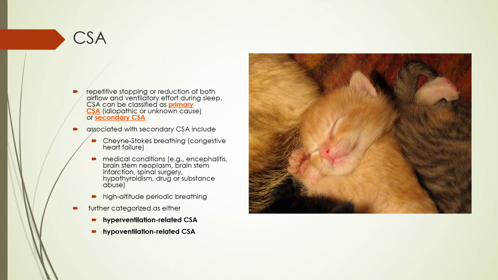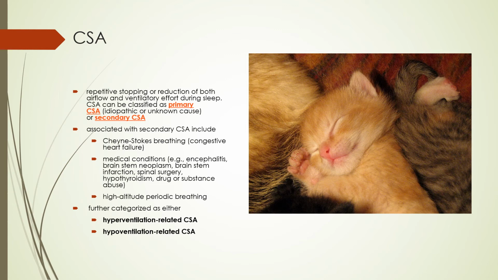Do they have an underlying cardiac issue to begin with? Because they get hypoxic at night, their heart gets put under more stress, and that can make their blood pressure and hemodynamics worse. So Cheyne-Stokes breathing is more associated with CHF patients.